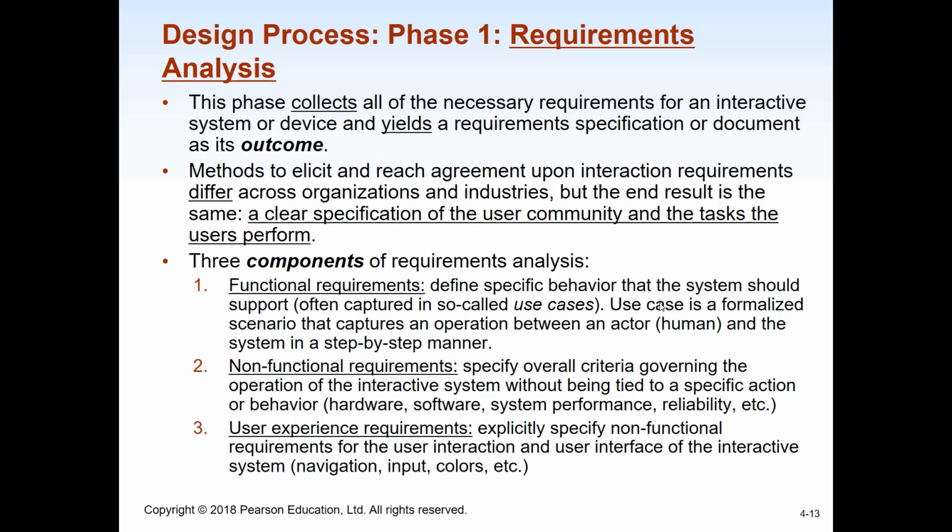The user experience requirements are kind of non-functional, but related to the user interface mainly, like the navigation, the input, the colors that we talked about in chapter 3, the last chapter.